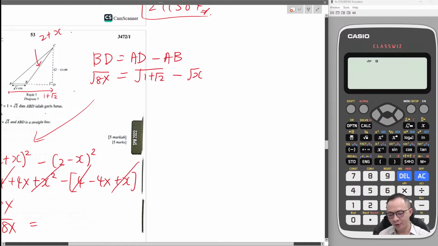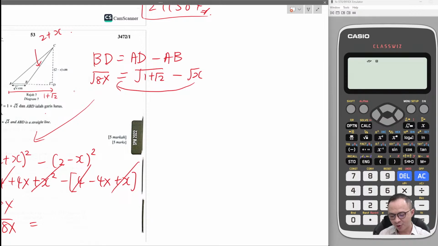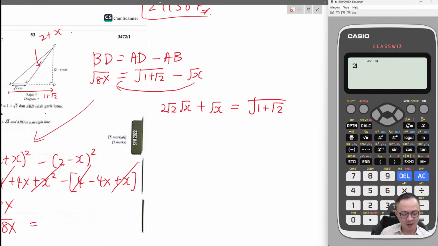So I will move the square root x to the other side. So I should have something like 2 root 2 square root x plus square root x equals to square root 1 plus root 2. This one I believe we can add, right? Like 2 root 2 plus 1.